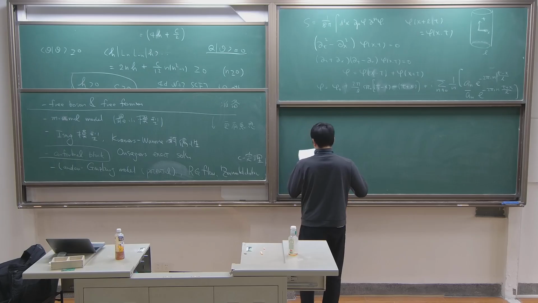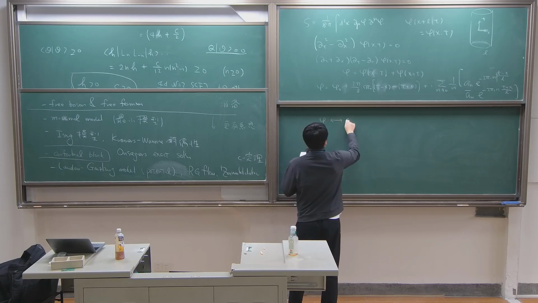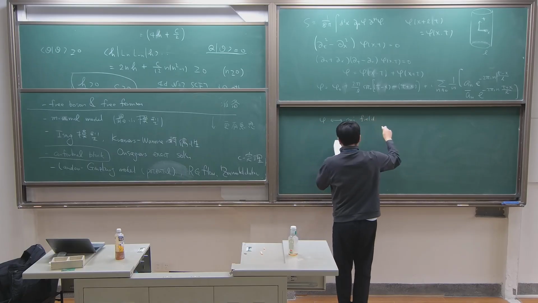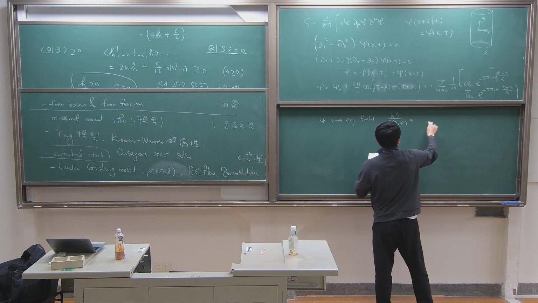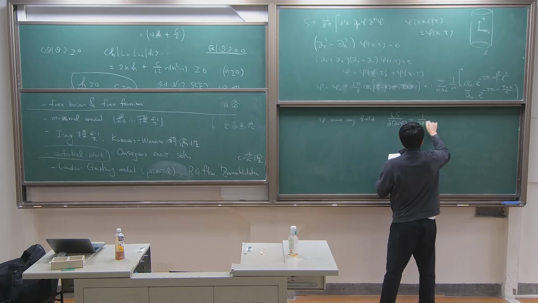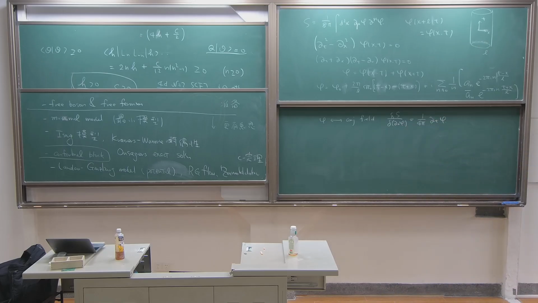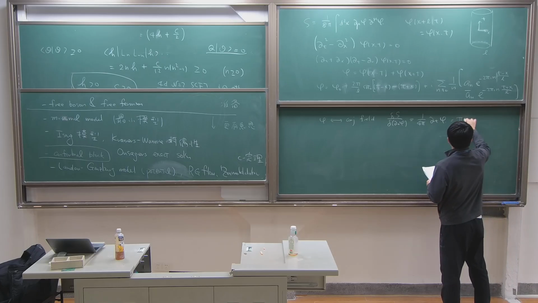So the phi and the conjugate field can be defined as del S, it's just the momentum of phi. And this is just 1/4 pi del T phi, this way. So this is the conjugate field, and I call it the momentum field pi. Okay?